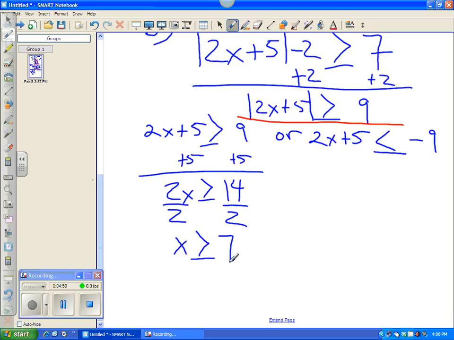That's one of my possibilities. The other possible answer for this inequality with the absolute value in it is minus 5 on this side, minus 5 on that side. We get 2x is less than or equal to a negative 14 in this case.